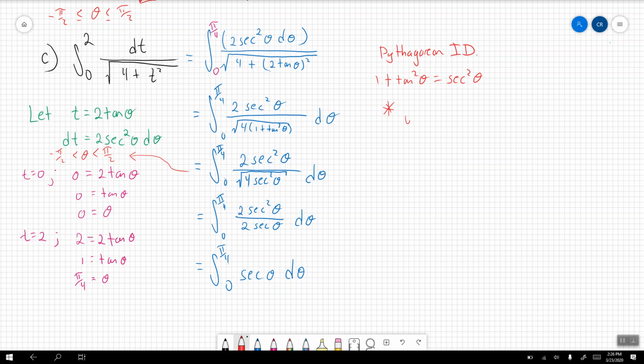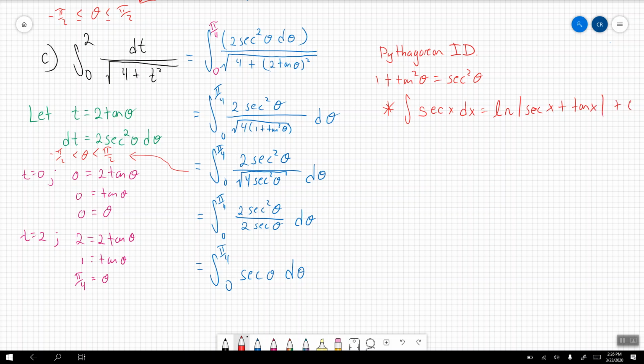The class meeting before all of this happened, I wrote on the board that we were going to show that anytime we have the integral of secant x dx, this is equal to the natural log of the absolute value of secant of x plus tangent of x plus c.